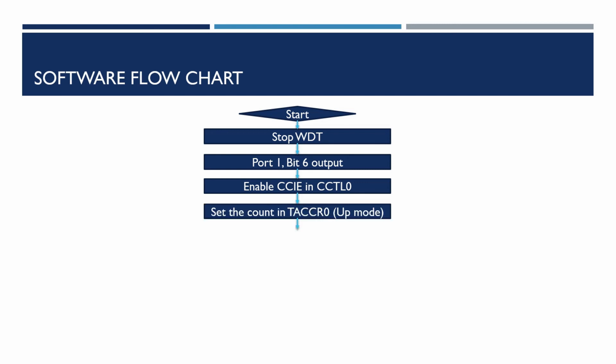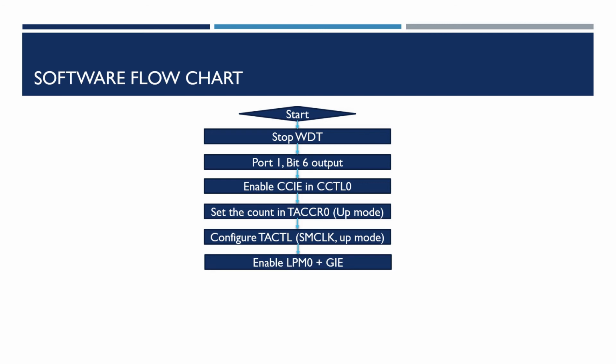Then we set the count in TACCR0, and in this case I think we've used 0.065 seconds, so accordingly I think it's around 65,000 is the count that we've used in TACCR0. It's in up mode. Then we configure TACTL, which is the Timer A control register, wherein we've selected the clock as SMCLK and we've set it in up mode as well. And the next is we enable the low power mode and the global interrupts. And that's it. That's the end of it.